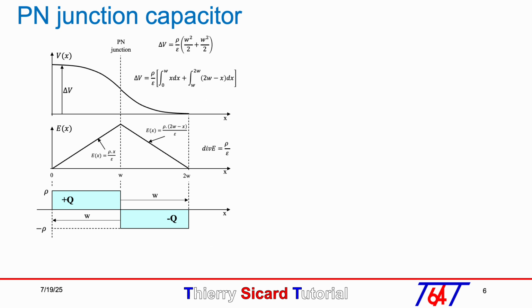Delta V is equal to rho multiplied by W squared divided by epsilon. Note that delta V is the internal built-in voltage VBI plus the external voltage applied to the diode.